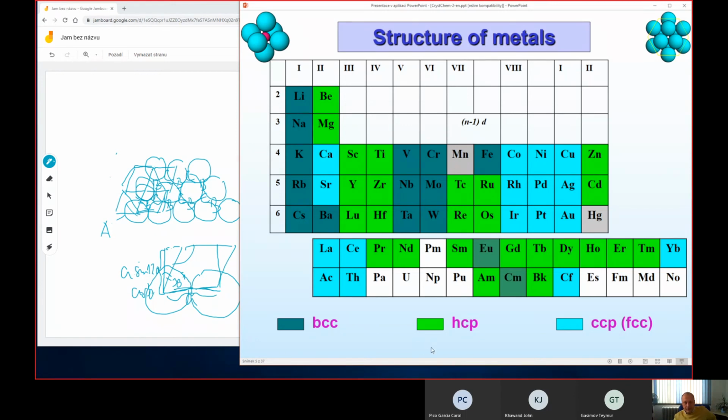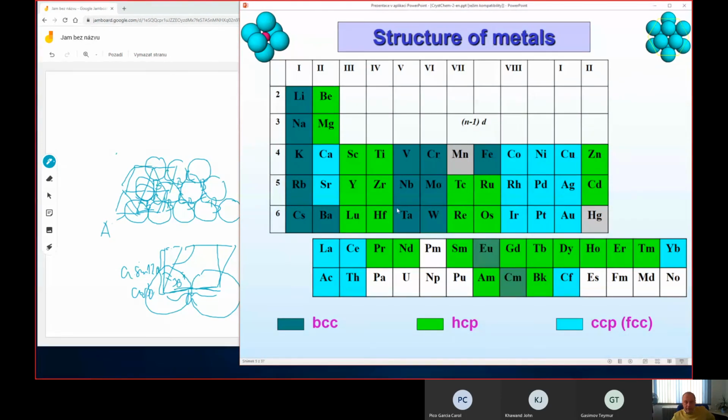Those which have an intermediate number of electrons available for bonding adopt the HCP, and those with a higher number of electrons CCP. But as you can see here, there are many exceptions. This is rather a trend, not a law or a rigorous rule.